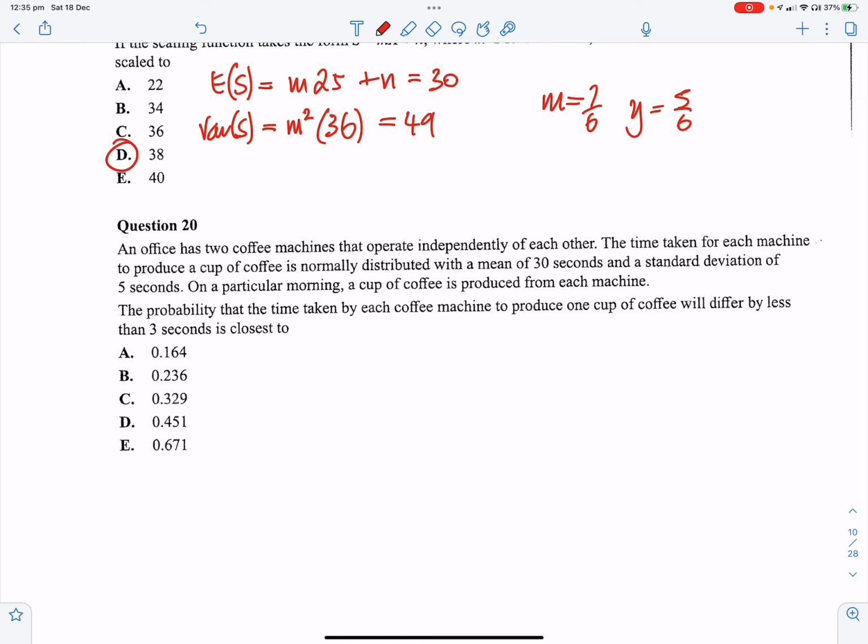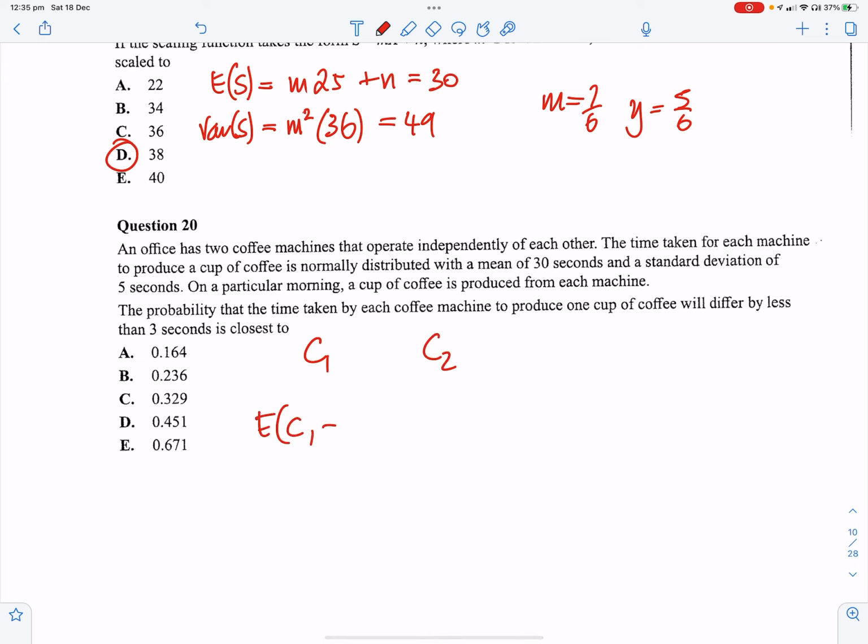An office has two coffee machines that operate independently of each other. The time taken for each machine to produce a coffee cup is normally distributed with a mean of 30 and a standard deviation of 5. On a particular morning, a coffee cup is produced from each machine. Find the probability that the times taken will differ by less than 3 seconds. So let's call one C1 and the other C2.